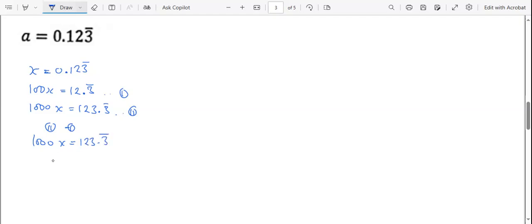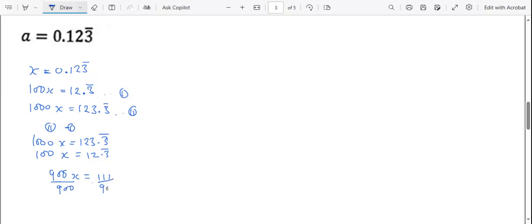So that means we have 1000x is equal to 123.3 bar. Then equation 1 is 100x is equal to 12.3 bar. So these, of course, have gone. So 1000 minus 100 is 900, so 900x is equal to 123 minus 12, which is 111. Then you just divide throughout by 900.